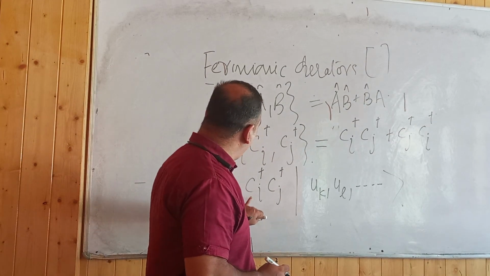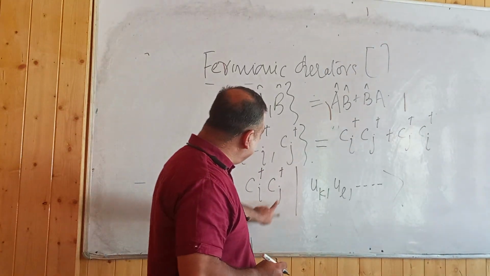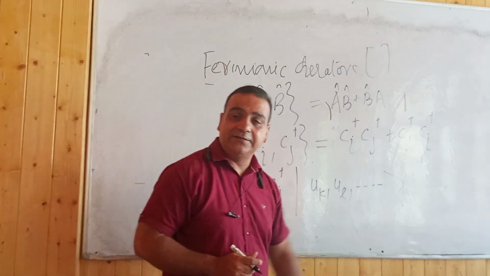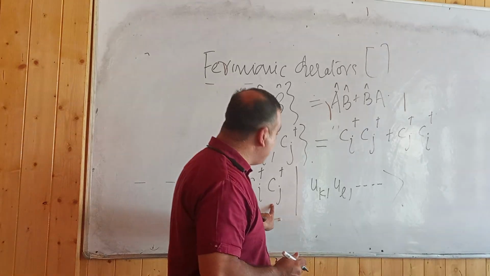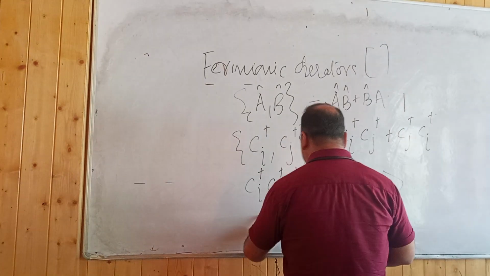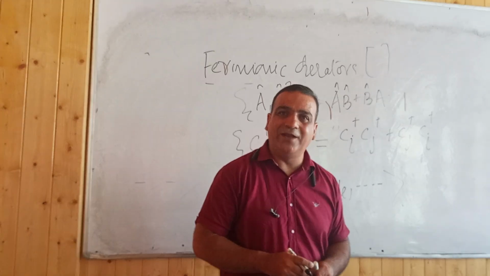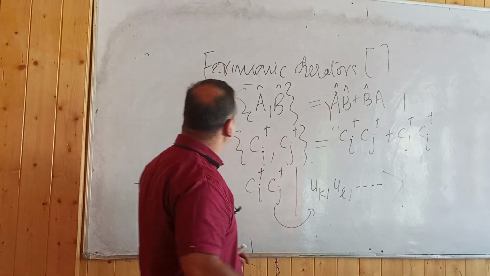So Ci dagger, Cj dagger. What will Cj dagger do on this state? It will give me Uj. Clear? So what will I get for the first operator that will act on this quantum state? What will you obtain?